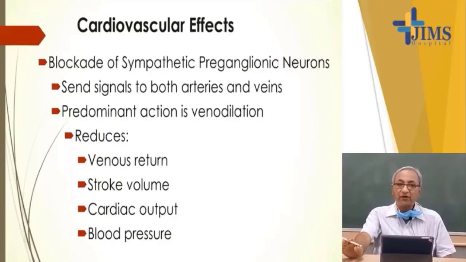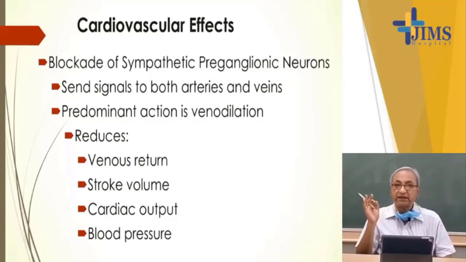There is a profound cardiovascular effect of regional anesthesia because the spinal sympathetic chain is blocked. So what happens? The sympathetic supply to the vessels, the veins and the arteries, is stopped.